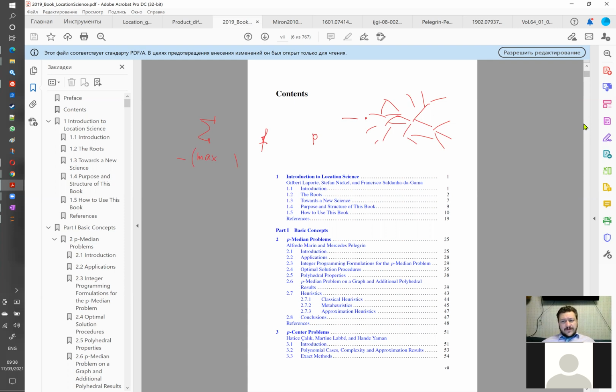It means that we want all points to be close to these stores, such that the maximum will not exceed some value, or we just want to minimize the maximum time for customers to get to our store. So for example, we can place one store here and the second.